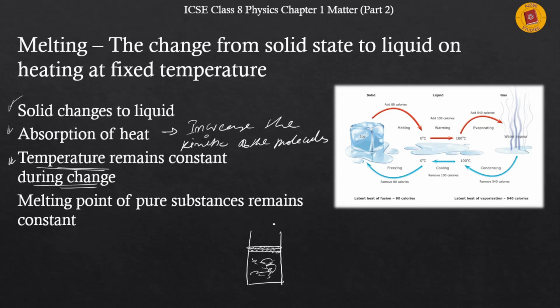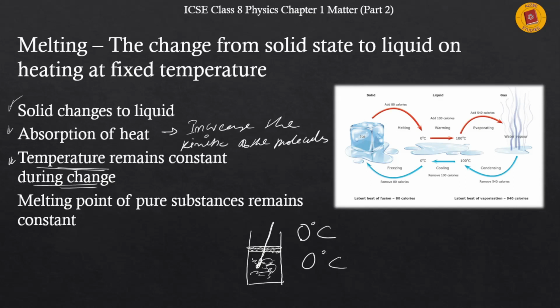Now if we dip a thermometer, the clinical thermometer won't do, we have to use a laboratory thermometer, we will see that the reading is 0 degree centigrade. Now after we let it freeze, the total water freezes after some time. Then if we measure the temperature of the ice, we will see that it is again 0 degree centigrade.